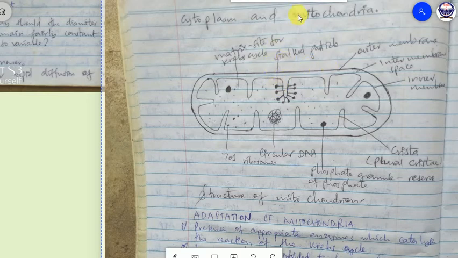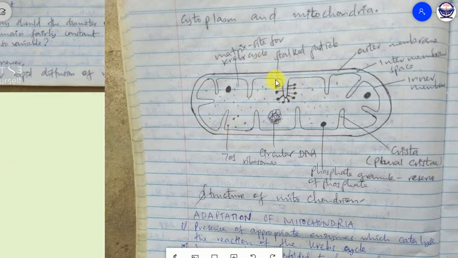So we have a page which explains the structure of mitochondria, and we'll discuss it. This is how it can be seen in the diagram. I want to show you some of the structure so that when I explain, you don't wonder what I'm talking about.